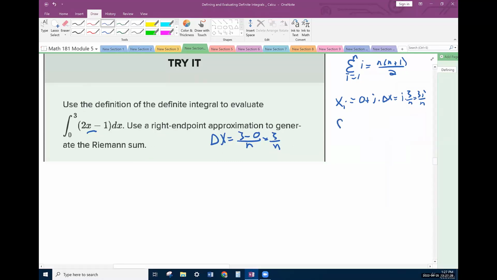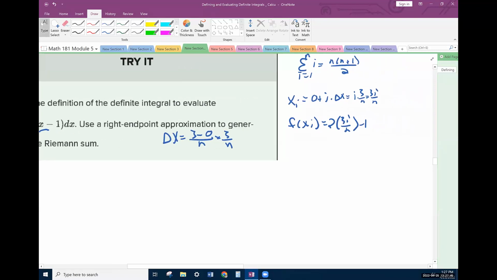That's our xi term. Our f of xi is going to be 2 times 3i over n minus 1, which is 6i over n minus 1.